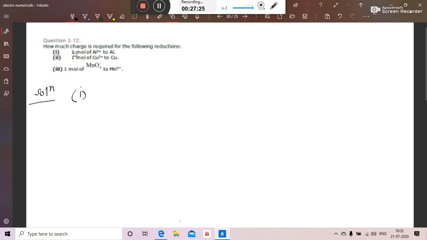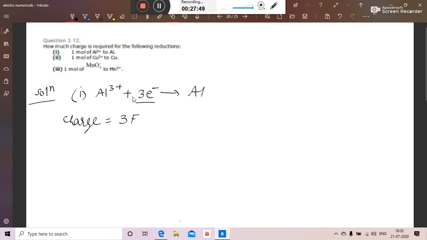Number 1 is 1 mole of Al3 plus to Al. When we take 1 mole of Al3 plus, we require 3 moles of electrons in order to cancel out the 3 plus to form Al. So the amount of charge required is 3 Faraday.